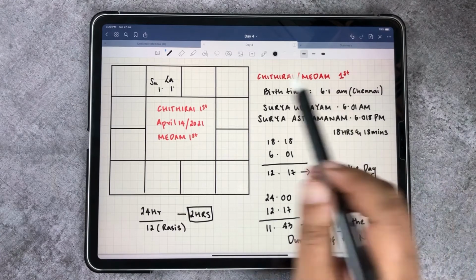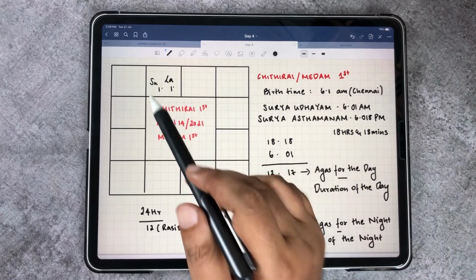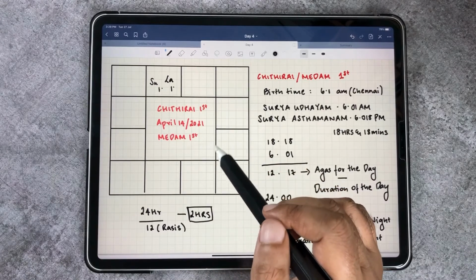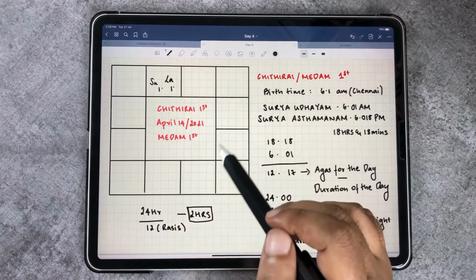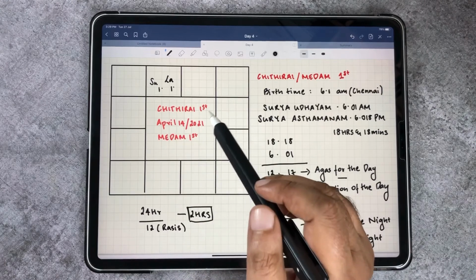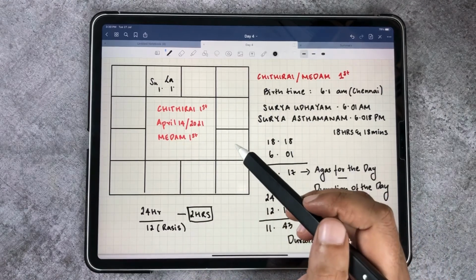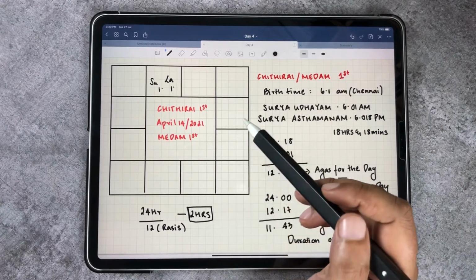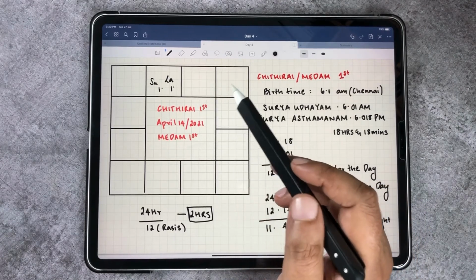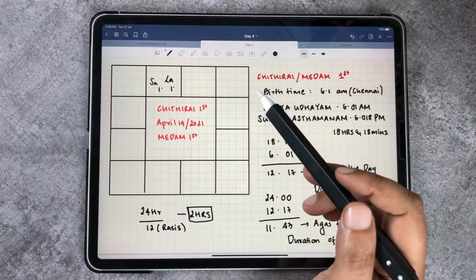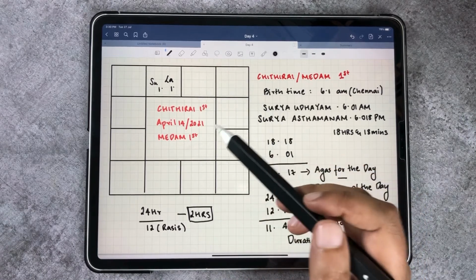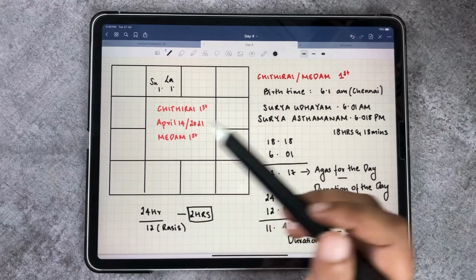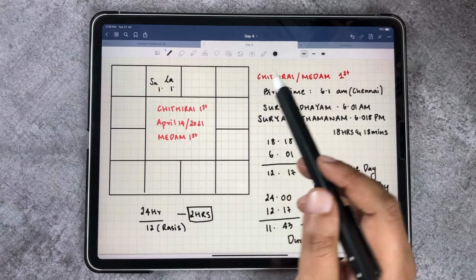From the Surya Udayam, the Lagna will start and it will move from one Rashi to another Rashi. So we will have people born on the same day, but they would have different Lagnas. So once we find the Lagnam or the first Bhava or the ascendant, then we can move on to the next Bhavas, that is the second Bhava, the third Bhava, the fourth Bhava, the fifth Bhava, the sixth Bhava, so on till the 12 Bhavas. So we will move on to that shortly.